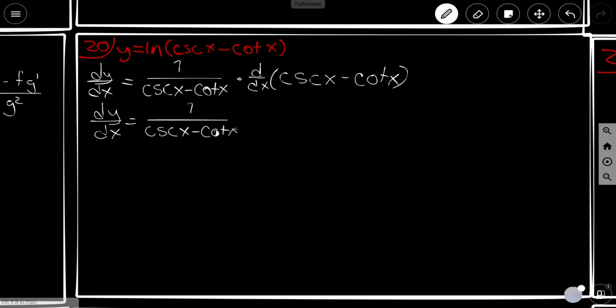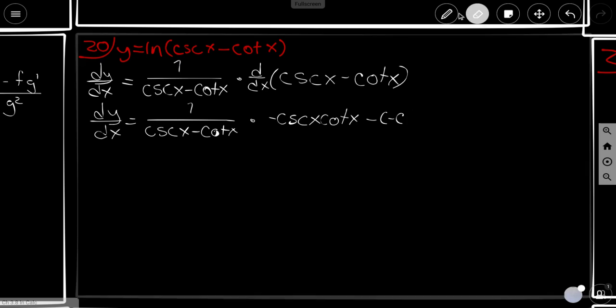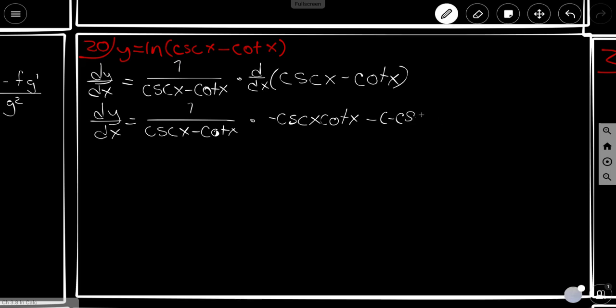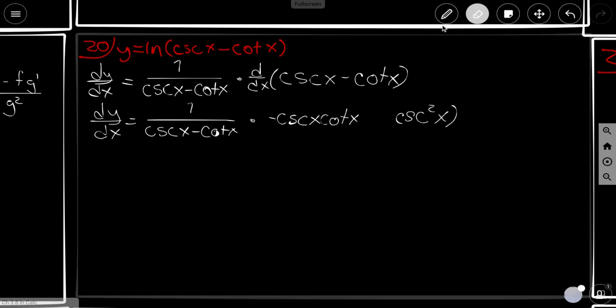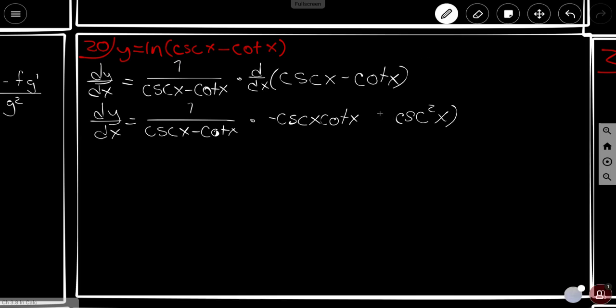So the derivative of cosecant x is negative cosecant x cotangent x. And then the derivative of cotangent x is negative cosecant squared x. Right. And since double negative, those cancel, making it a positive.